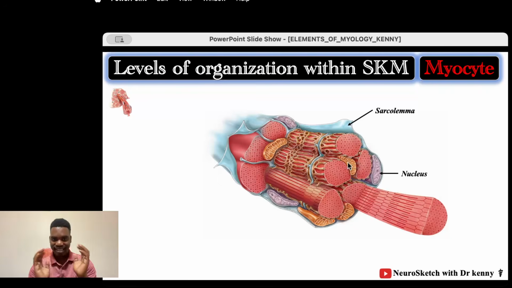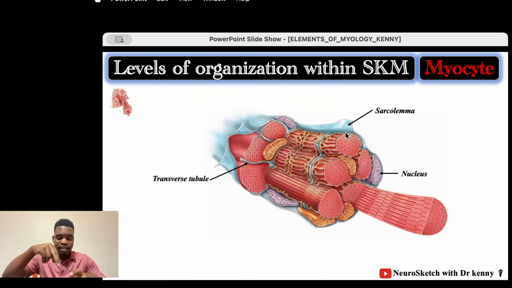So the sarcolemma is the specialized cell membrane of the muscle cell. It has extensions, like invaginations, of this membrane that go through the muscle fiber, the muscle tissue, and these are known as the transverse tubules.